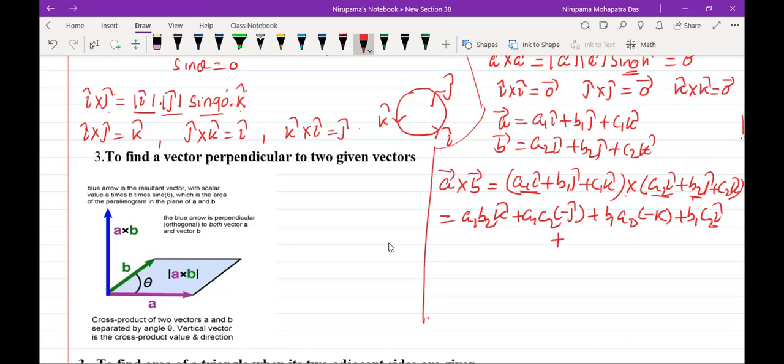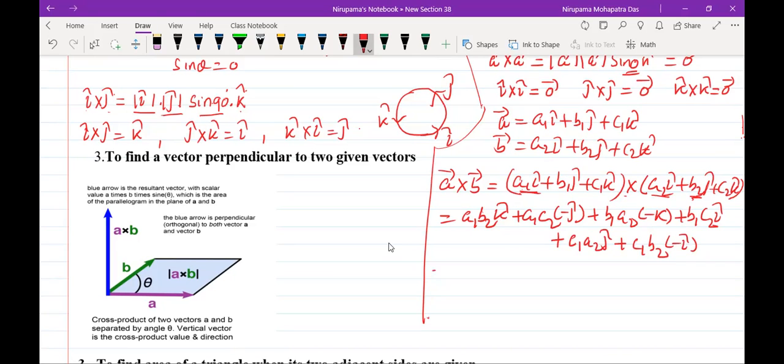Now C1 A2, K cross I is J, plus C1 B2, K cross J is minus I. Then it is 0.